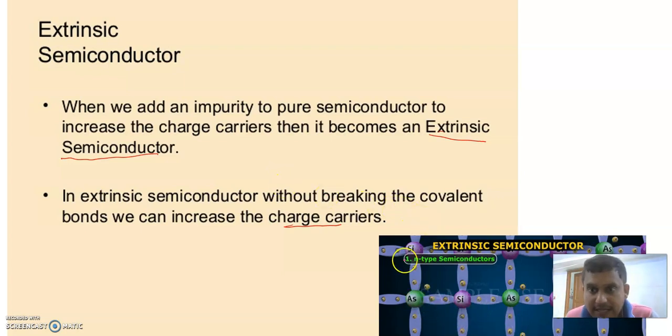For example, this is an extrinsic semiconductor. This is the silicon semiconductor, and in silicon we are adding arsenic, which is a pentavalent impurity, by the doping process. So if we add the doping, then it becomes extrinsic semiconductor. Since we are adding the pentavalent impurity, it becomes n-type semiconductor.